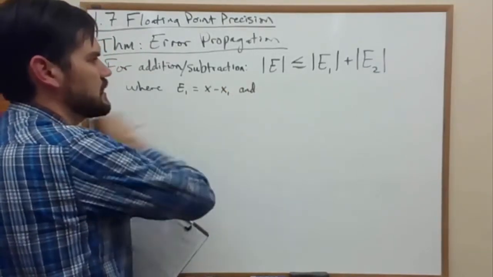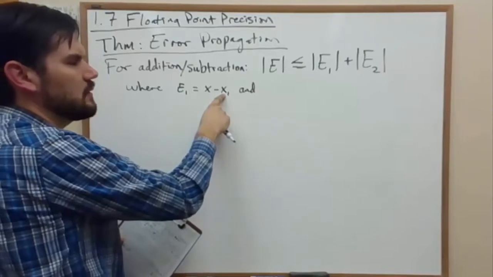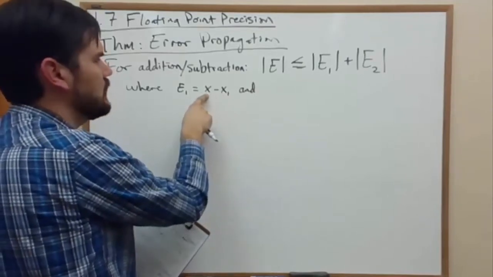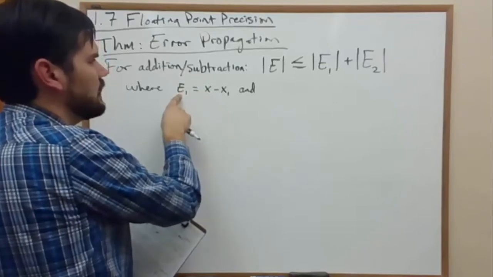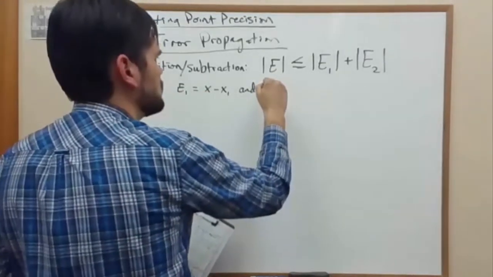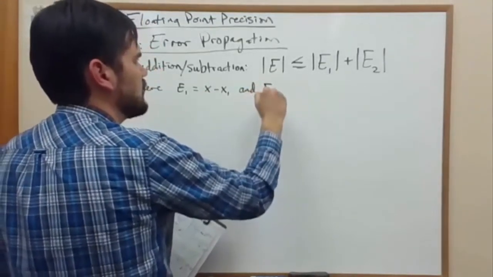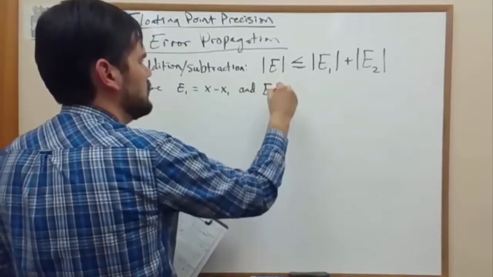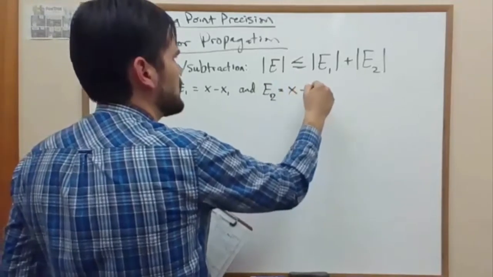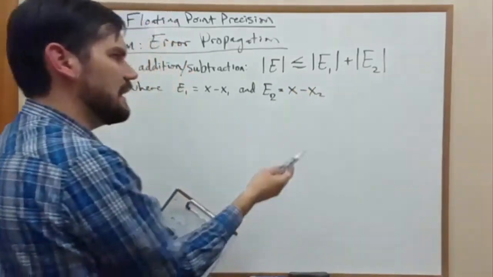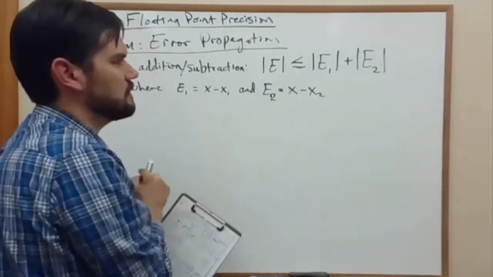So the true minus the approximate. So this is the approximate value we have. Here's the true value we don't know. Here is the error. Error 2 equals x minus x2. So again, it's an error related to a second approximate.